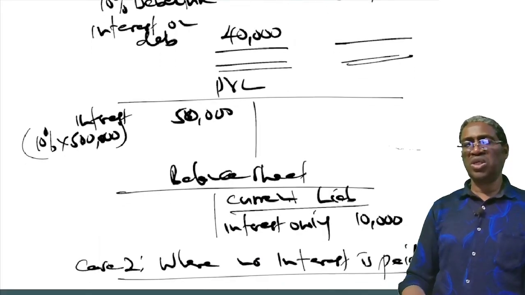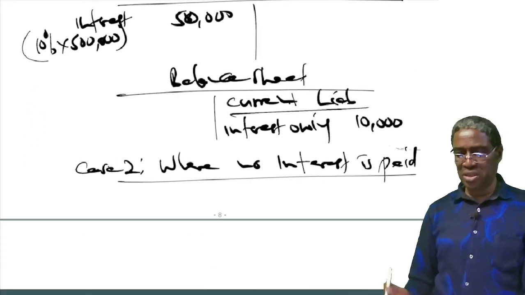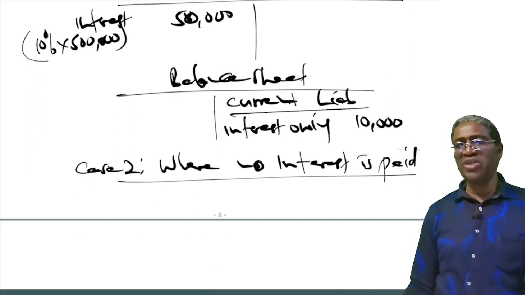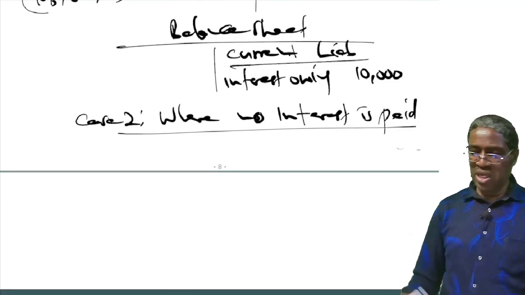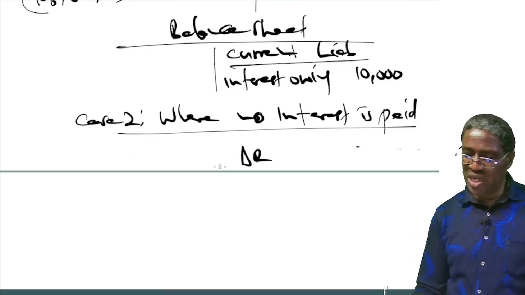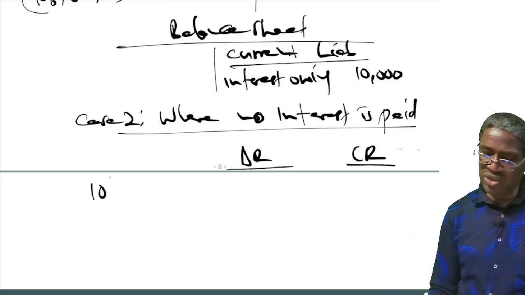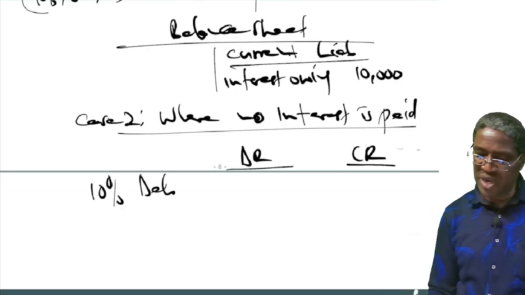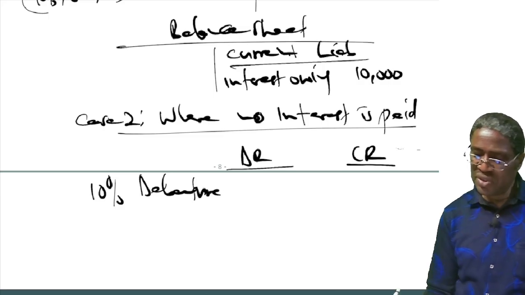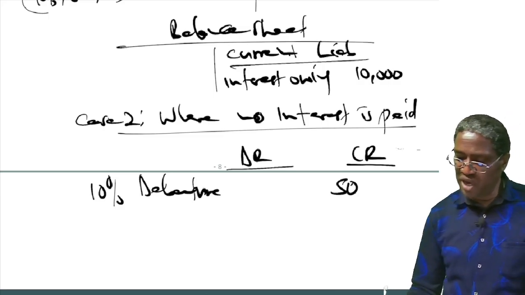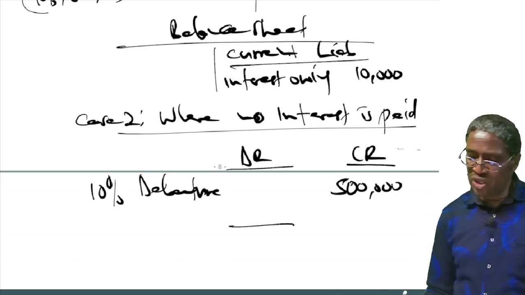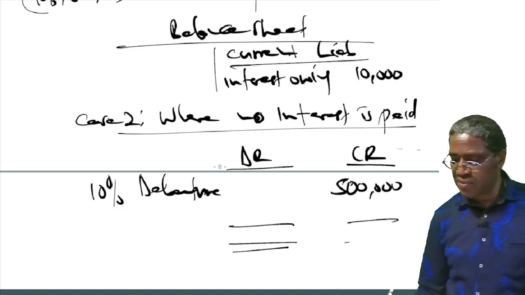So case 1 was where interest is paid. Case 2, where no interest is paid. Again, show like you are preparing a trial balance, and in that trial balance, you indicate 10% debentures, again an amount of 500,000. Show like you are closing the trial balance.